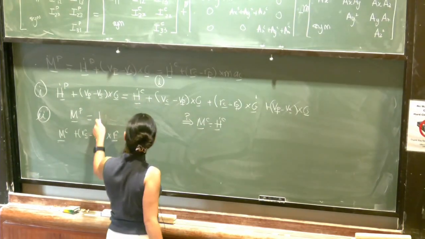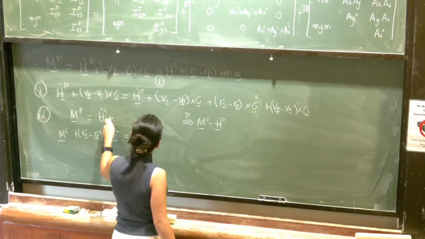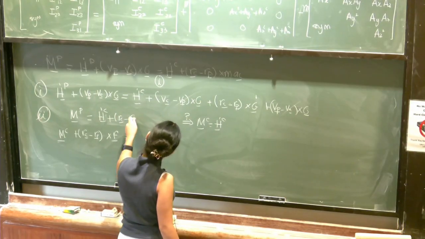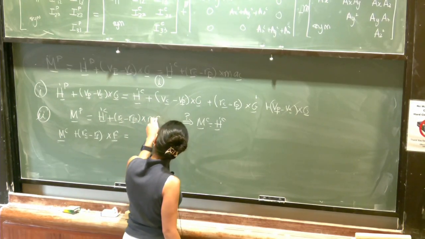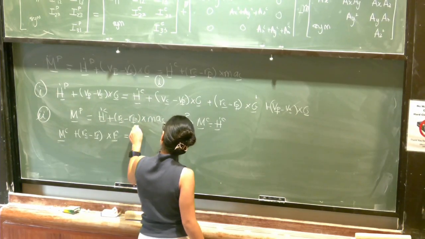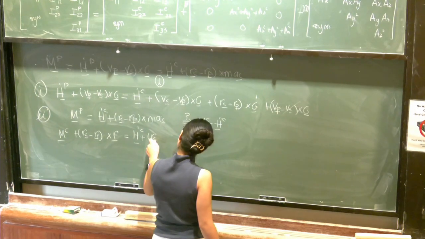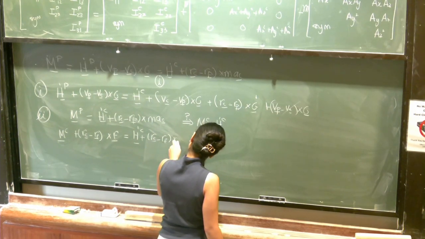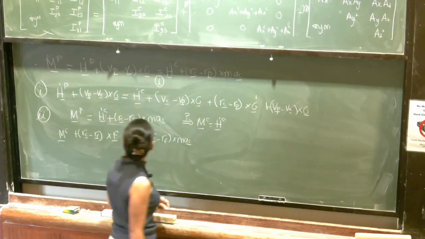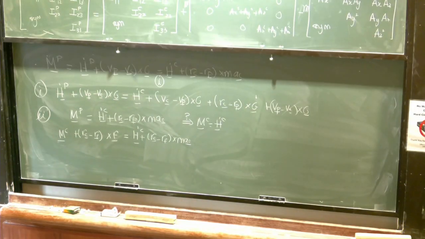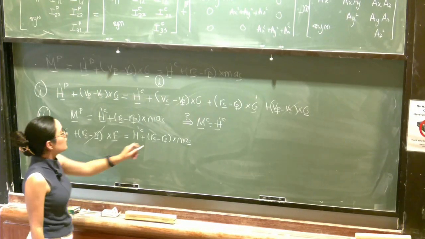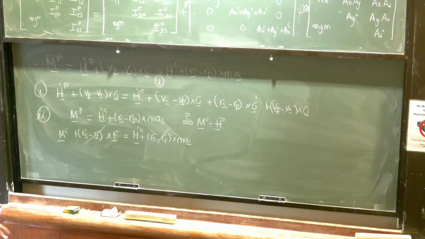This one. Okay, cool. These are quite simple. MAC and F are the same, and I'm left with MC is equal to H dot C. So these were quick.